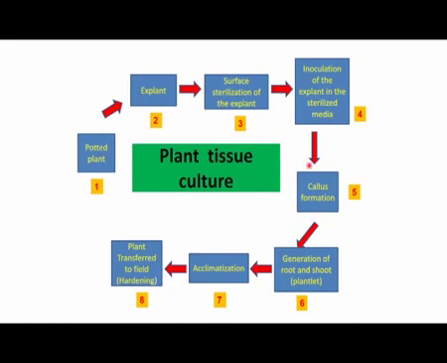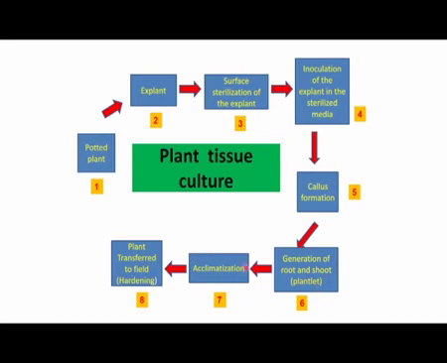Callus is nothing but the undifferentiated mass of tissue, and that callus is then differentiated by changing the composition of media either to root or shoot or both, and ultimately once you have the root and shoot on the callus, you are going to get the small plantlets.